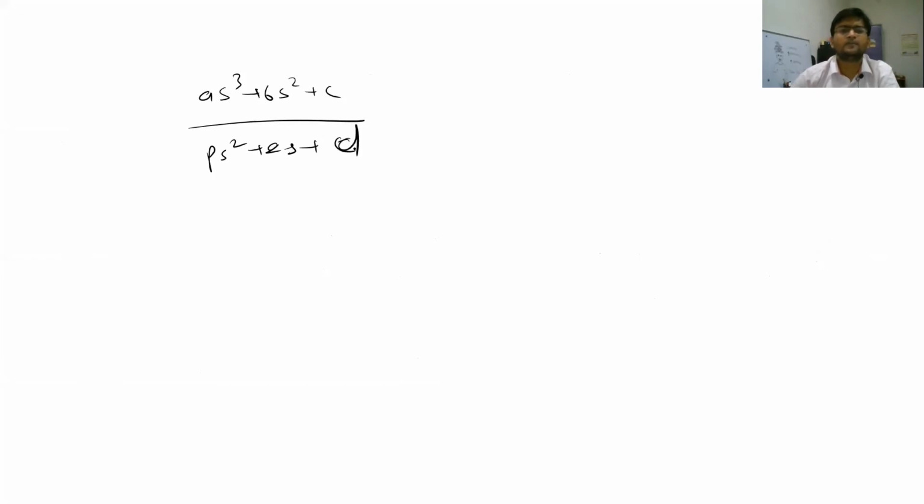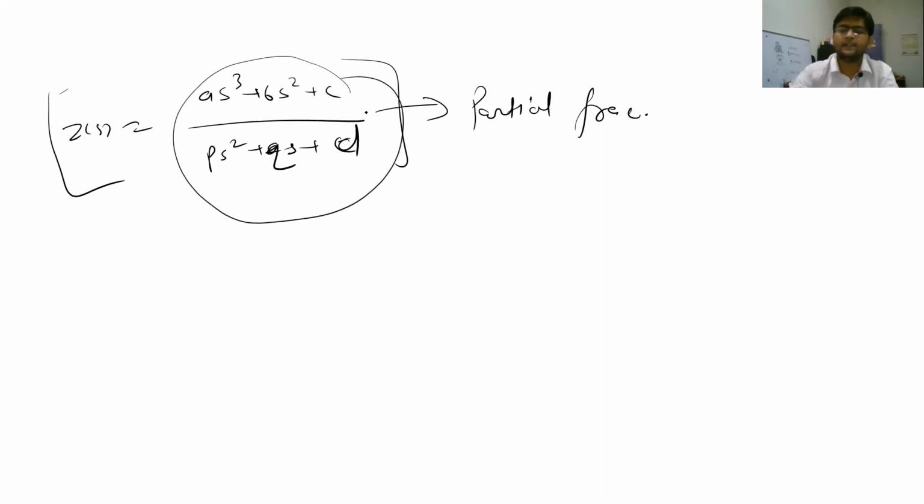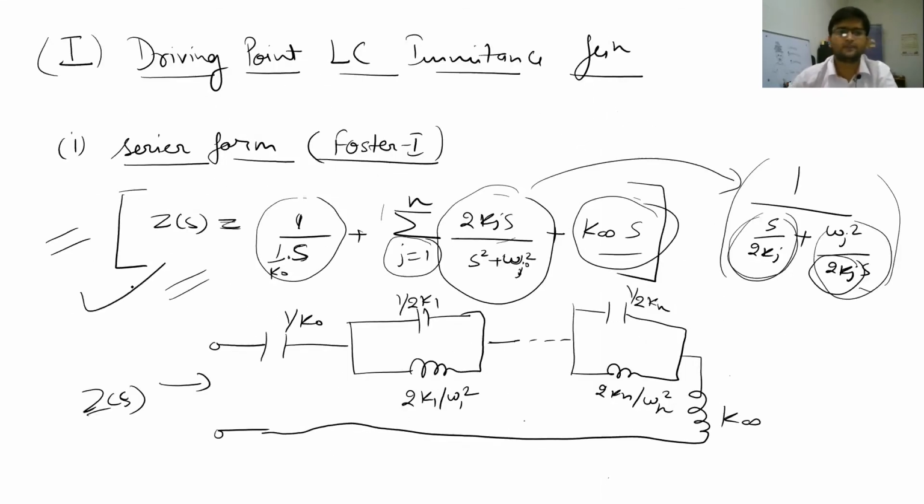What will happen is you will be given some function like (a s cube plus b s square plus c) divided by (p s square plus q s plus c plus something d), and let me call it Z(s). So what you will have to do is a partial fraction, right? By doing partial fraction, you can change this circuit into the form of this.